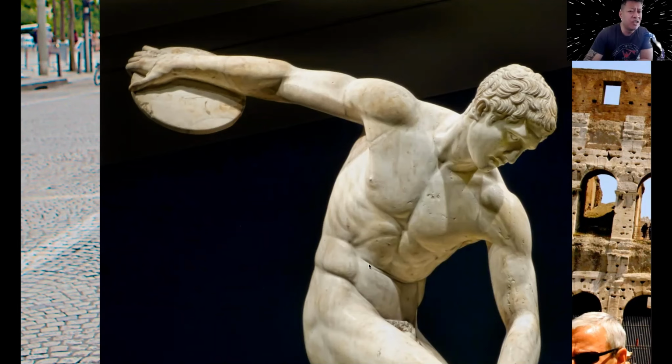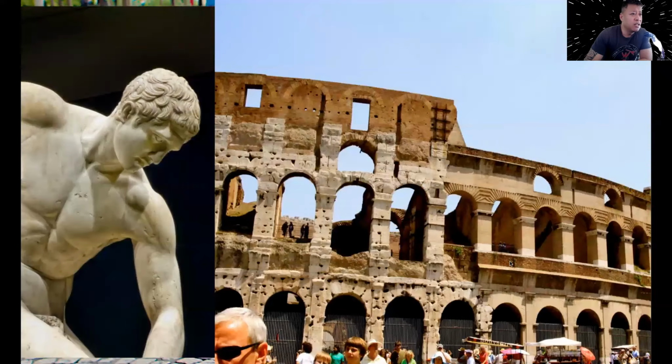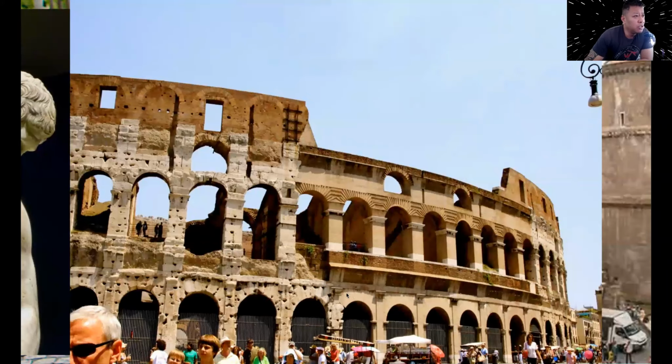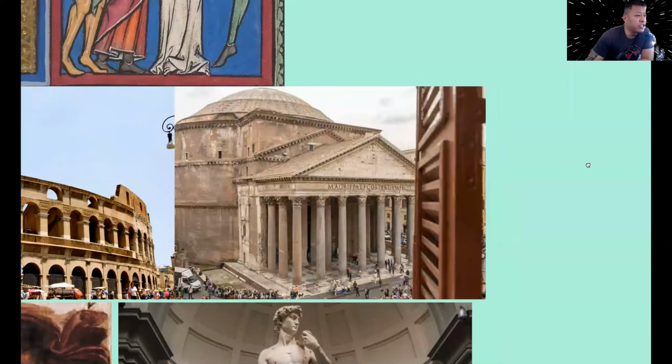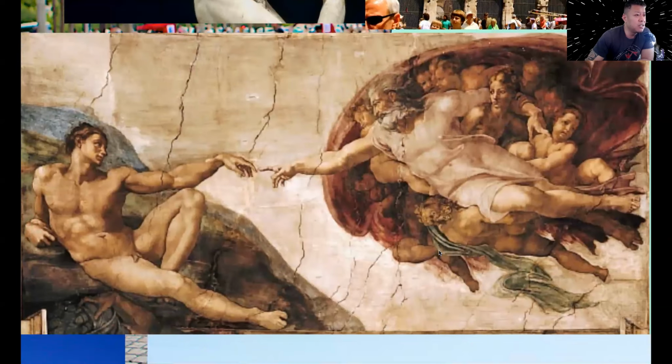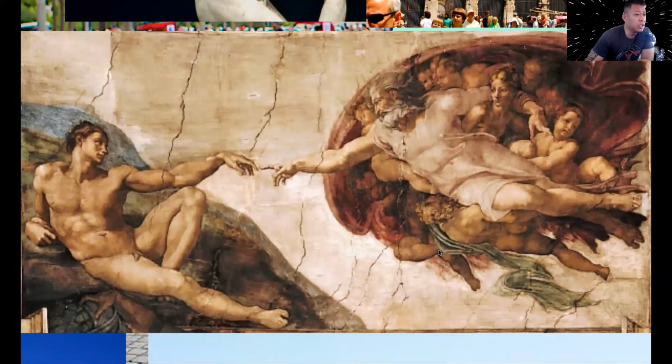And then later on, other people studied classical culture, antiquity, and the architecture of antiquity, like the ancient Colosseum or the Parthenon. And so, inspired by these classical works, these artists produced neoclassical work. This is an example of a neoclassical work.